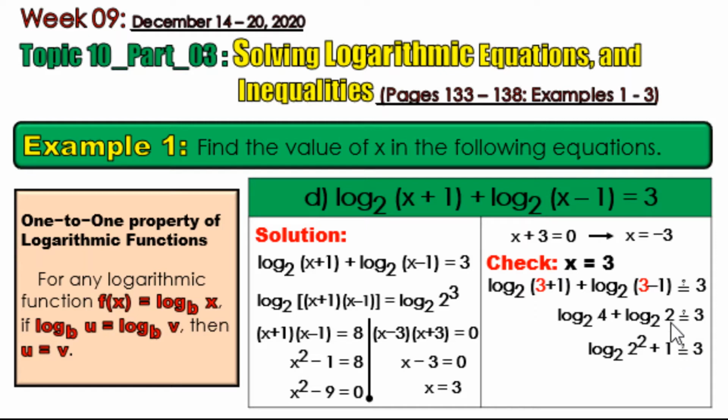The exponent of 2 is 1. So you have 2 plus 1 is 3, and 3 is equal to 3. Since we have 3 is equal to 3, we can say that one of the values of x is positive 3.